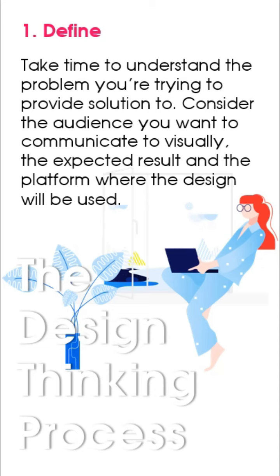What are the things I want to communicate? How do I want to communicate it? What are the elements I will make use of? So you have to firstly define your problem. Inability to define your problem very well will lead to you producing a result that is not desired. For you to be able to get a solution, you must know your problem. And that is one of the most important stages of graphic design.